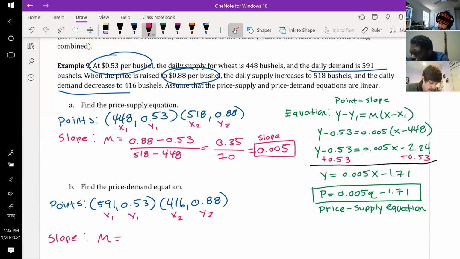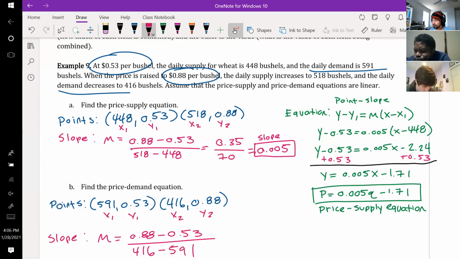M equals the 88 minus the 53 over 416 minus the 591. Okay. So we get 35 above and 416 minus 591 gives me negative 175.